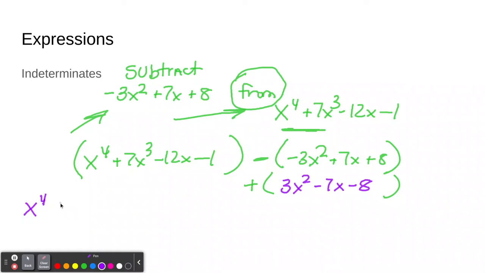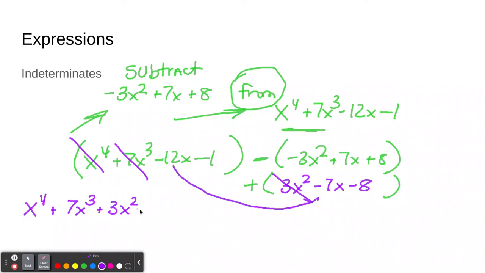There's no other cubed up there, so I'll just put 7x cubed. Now, there is no other x squared besides that one, so I'm going to put 3x squared. So far, so good. But now we're going to do minus 12x minus 7x, and you get negative 19x. And then minus 1 minus 8 is minus 9. So that would be the answer.